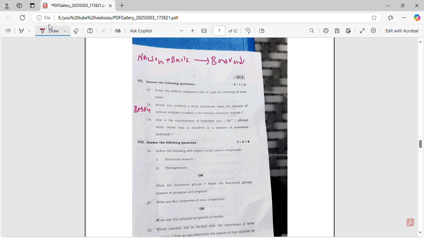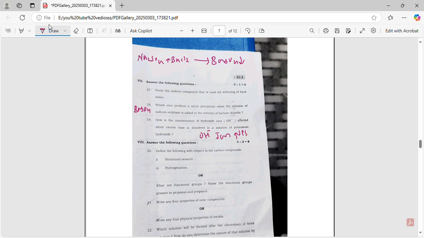How is the concentration of hydroxide ion affected when excess of base is dissolved in a solution of potassium hydroxide? See, obviously when you are using a base and again dissolving it in a strongest base like potassium hydroxide, then obviously the OH minus ion increases.